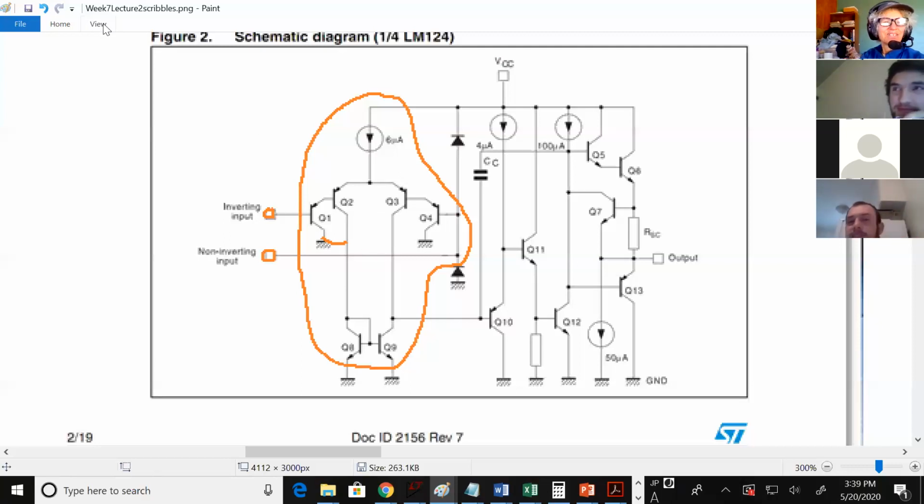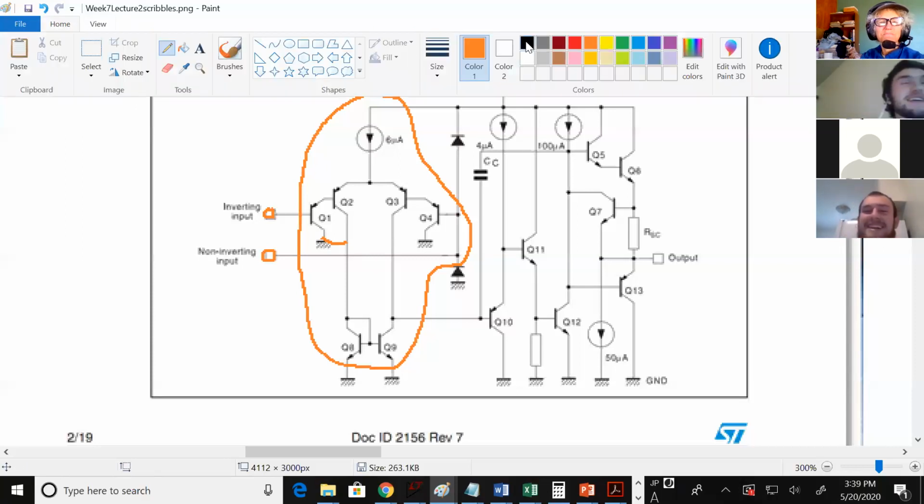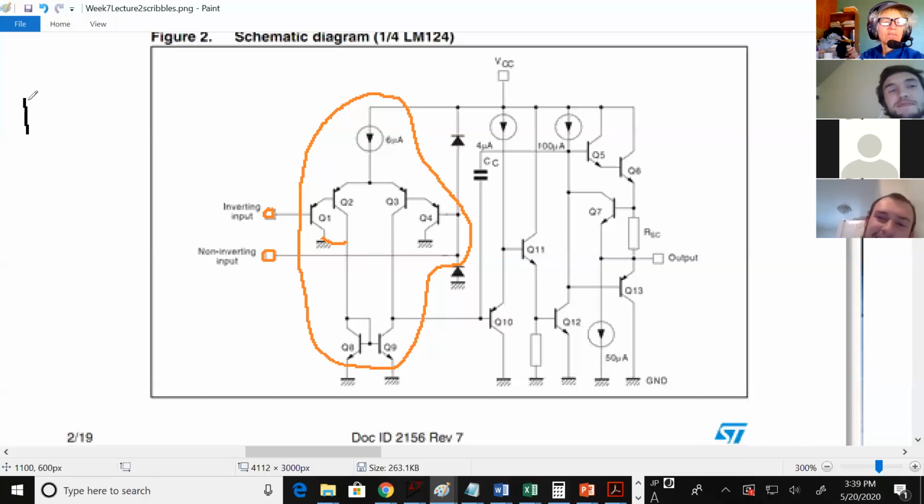And just to remind you, what's the Rn of a Darlington pair? Let's say just on this side.